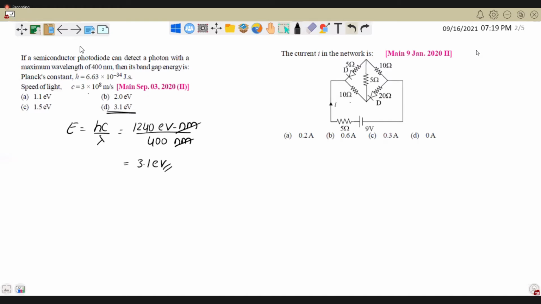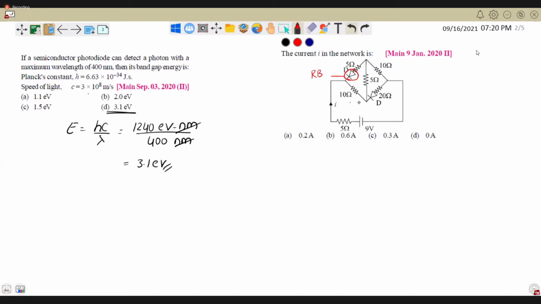See, this diode, is it reverse bias or forward bias? Reverse bias. Why so doubt?